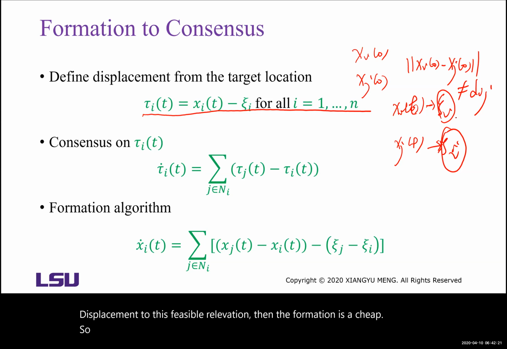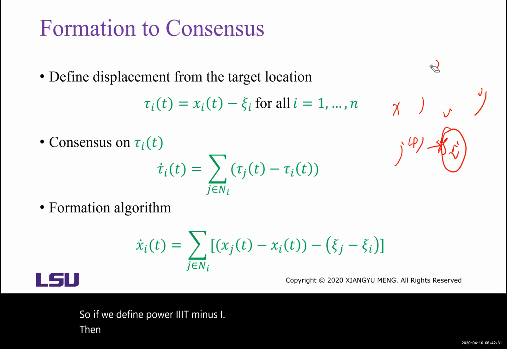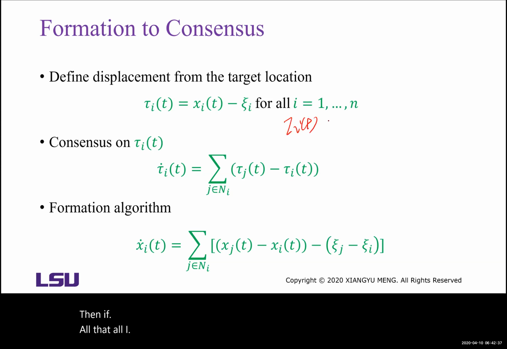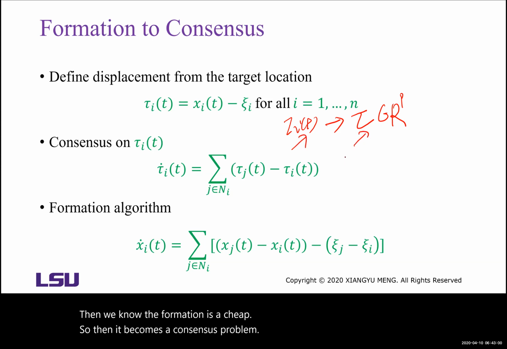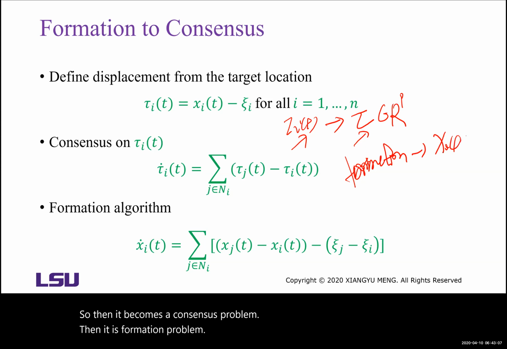So if we define tau i as xi(t) minus ci, then if all the tau i(t) converge to a constant tau, let's say in R^p, then we know the formation is achieved. So then it becomes a consensus problem for tau, and then it is a formation problem for xi(t).